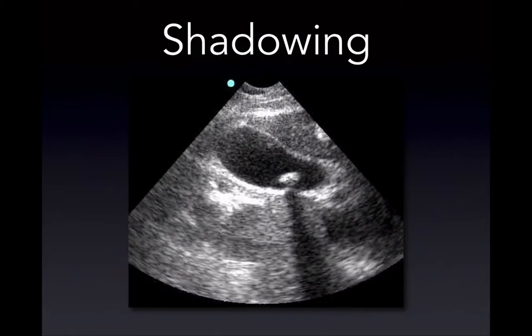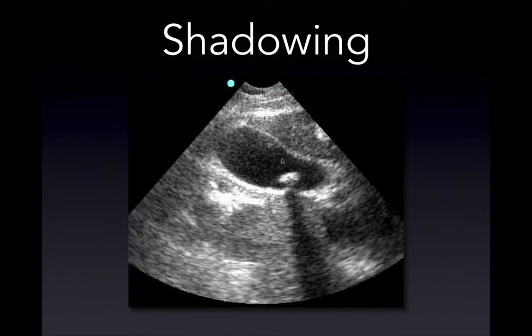And one of the most common artifacts is the shadowing artifact. It occurs because the superior portion of your screen is always going to be where your probe is touching the body. So this is a gallbladder, I can tell you that. The waves are coming down, hitting all the structures, and creating an image because all the waves are coming back.